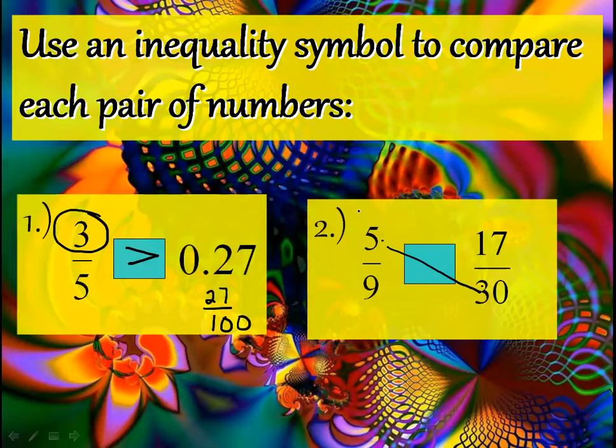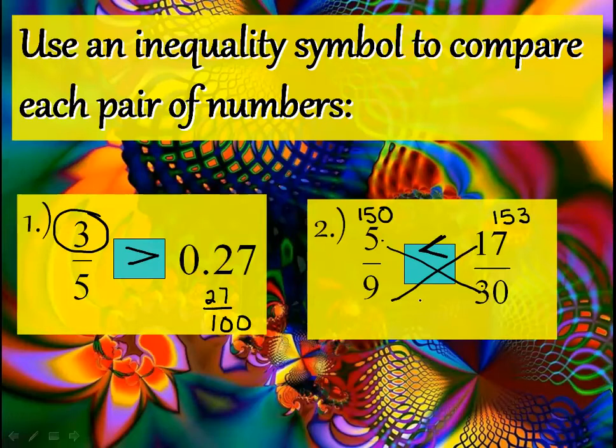We put that number up here with the 5. Now we want to multiply 17 times 9, which is 153. Since 150 is less than 153, I know that 5/9 is less than 17 over 30.